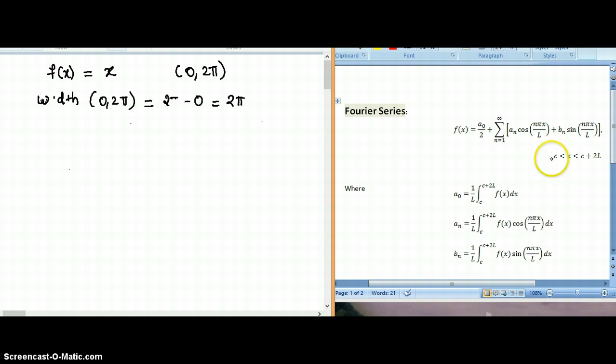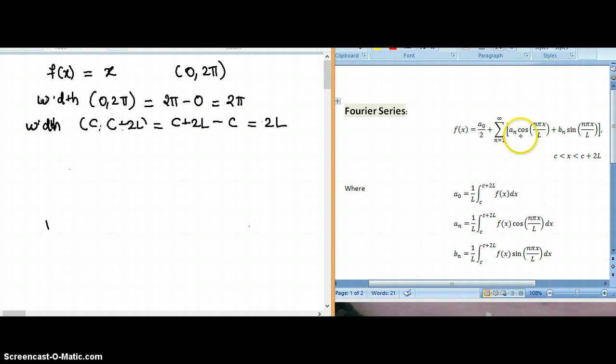Now in the rule, the function is defined from c to c plus 2l. So if we want to find the width of the interval c to c plus 2l, again by the same rule, c plus 2l minus c, the upper limit minus the lower one, this gives you 2l.